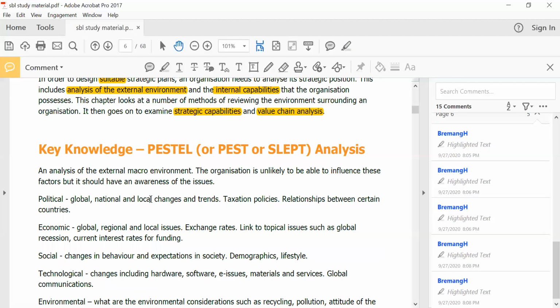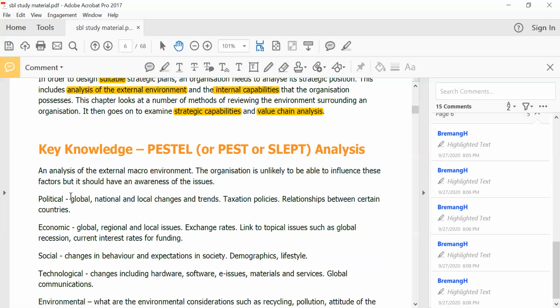We have a micro environment and a macro environment, right? When we talk about the micro environment, we are looking at a normal organization level. With macro, we look at the organization and the outside world at large, including the impact of governmental activities. The organization is unlikely to be able to influence these factors, but it should have an awareness of the issues.